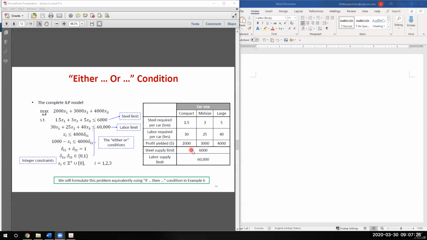Because the total steel supply limit is 6,000, while each compact car costs 1.5 tons of steel, so at most I can build 4,000 compact vehicles. And not to mention mid-size or large, it's even less. So it is safe to take 4,000 as your upper bound.